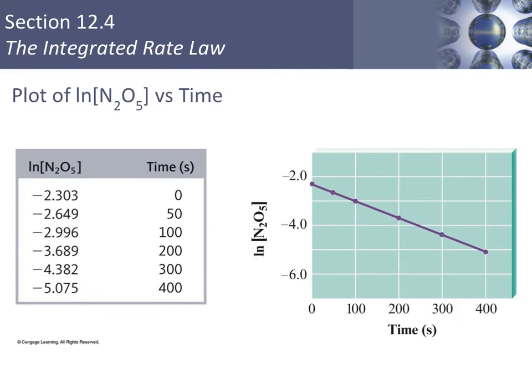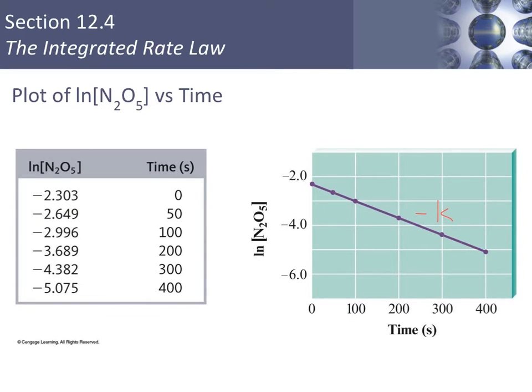So here we have some data for dinitrogen pentoxide. We've got the natural log versus time, and you can see we get a straight line. So if the dinitrogen pentoxide is your only reactant, and that's what we're talking about here, single reactant reactions, we have a first order reaction. And the slope of this line would be equal to negative k.